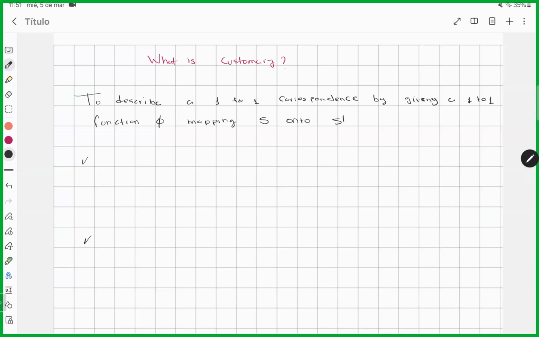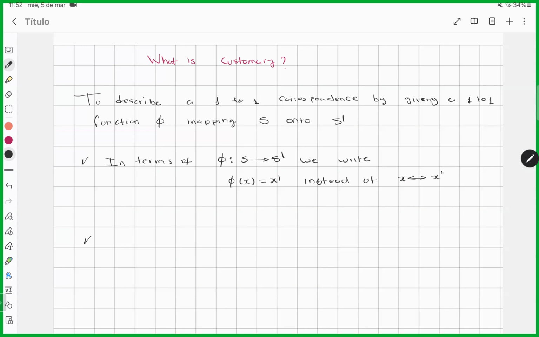So in terms of the function from S onto S prime, we write this equation, phi of x equals x prime, instead of this correspondence.